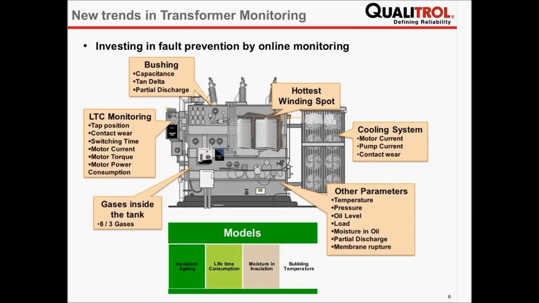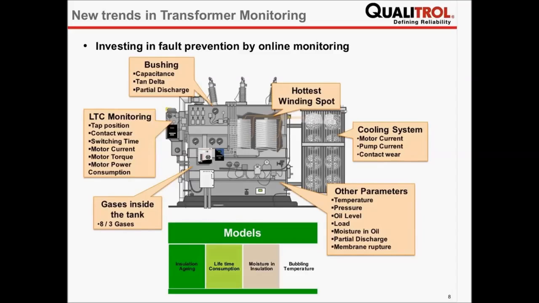Okay, if we talk about transformer monitoring, utilities are now going for monitoring all the critical parts of the transformer. On the bushing, they are going for continuous online monitoring of capacitance, tan delta, and partial discharge activities.